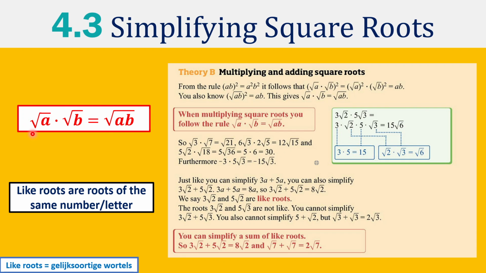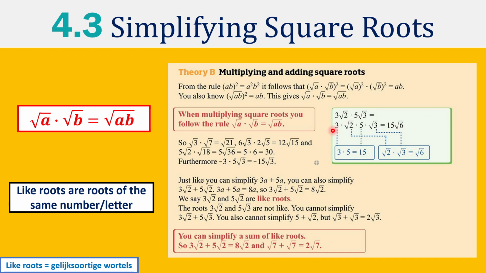If I multiply the square roots, that's the same as the square root of those things multiplied together. Which means that square root 3 times square root 7 is the same as square root 3 times 7, or you can say square root 21. Okay? Let's make this a bit more complicated, and add numbers in front of the square roots.